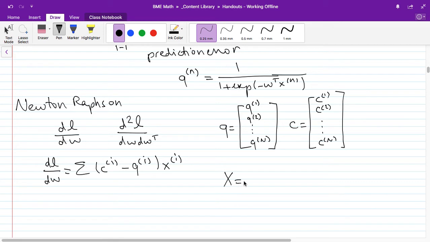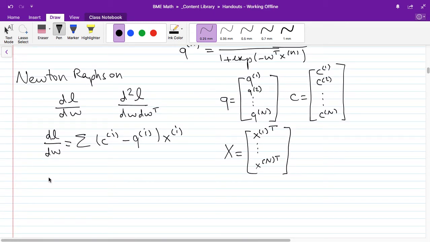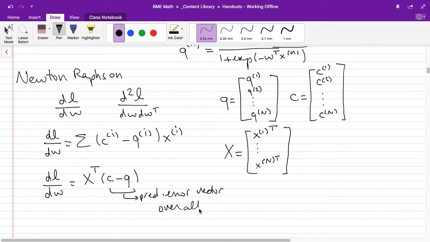And then the matrix x, we're going to write as the vector x on the first data point transpose, up to the nth data point transpose. If you have that, then we can write this sum, the derivative of our likelihood with respect to the weight that we're after, as x transpose (c minus q), which is the prediction error vector over all the data.